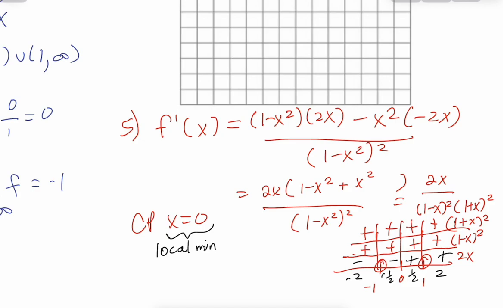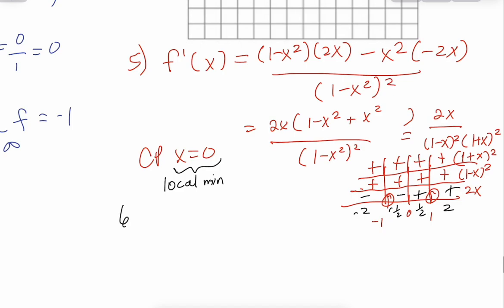Okay. Now let's describe where this function is increasing or decreasing. It is decreasing in 2 spots, from negative infinity to negative 1. We leap across that asymptote, and then from negative 1, we leap across that asymptote, and it's still decreasing until we get to 0.